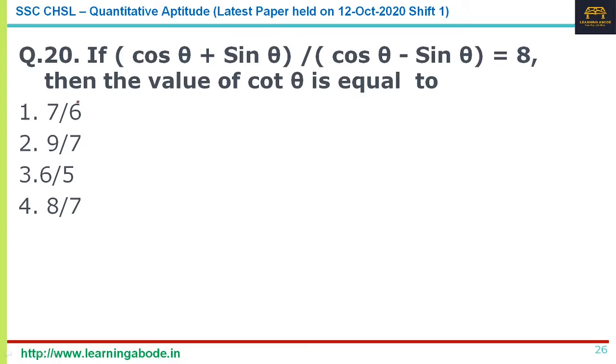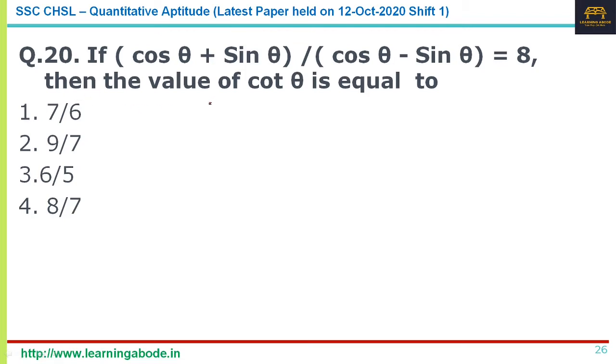Question number 20. If cos theta plus sin theta divided by cos theta minus sin theta equal to 8, then the value of cot theta is equal to. Now this is a repeated question as far as trigonometry is concerned. This is a repeated question in SSC. I also remember seeing this question in one of the CGL papers.